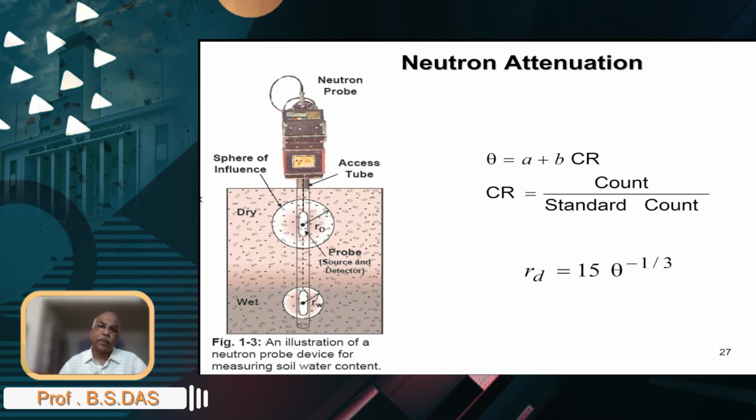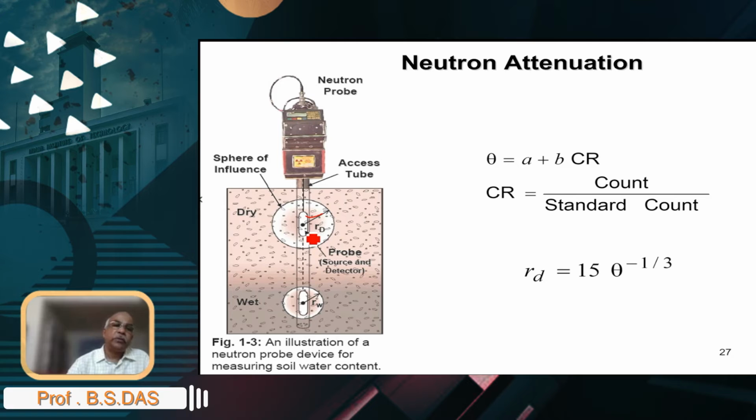The whole thing is packaged in something called a neutron probe, which has a sealed source up here, containing a mixture of americium and beryllium. That's the source.